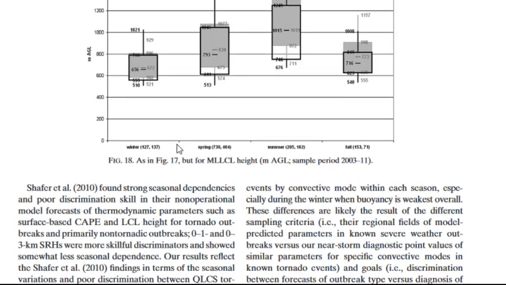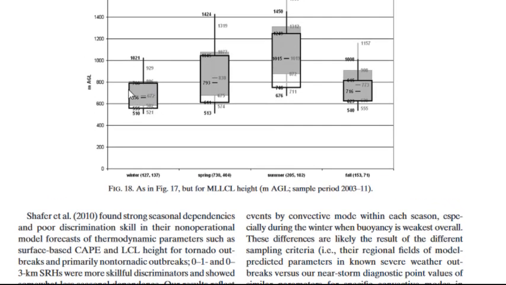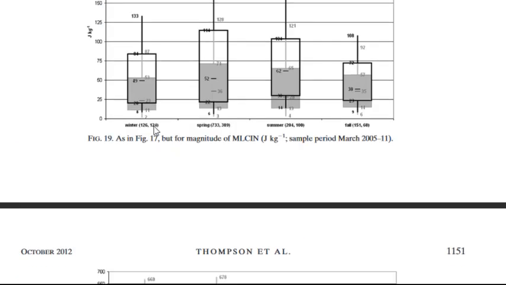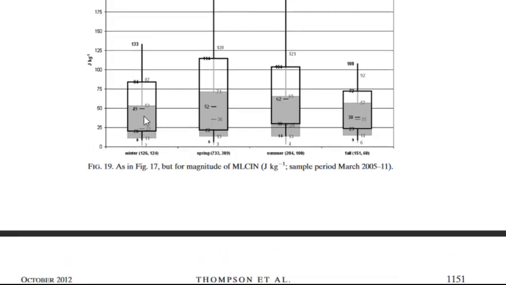But let's try LCL. That's very poor discrimination. The QLCS storms and the discrete storms almost match there. Here we have a little discrimination with convective inhibition.